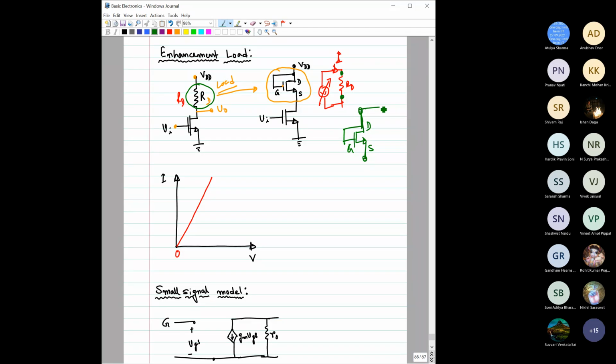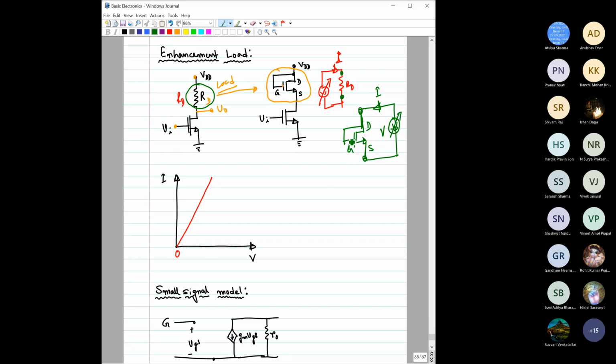Here too we will measure the current and vary the voltage across this. So what would be the expected IV characteristics for this device?